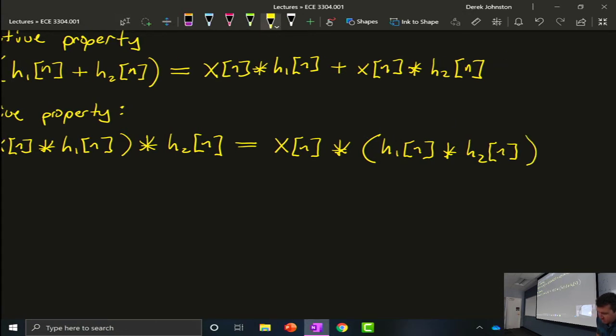We can take two impulse responses, convolve them together, use that as our new impulse response, and feed our input signal to that.